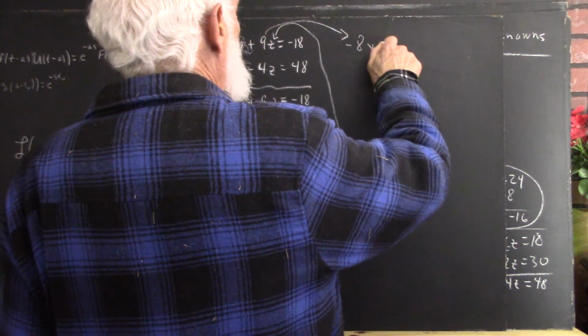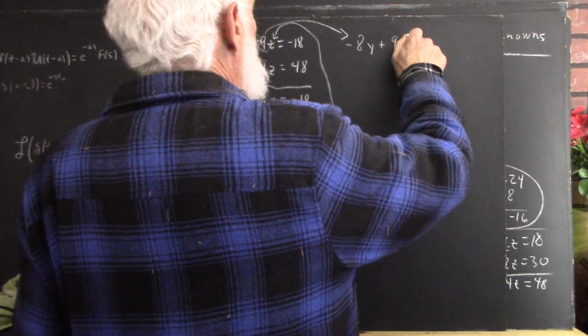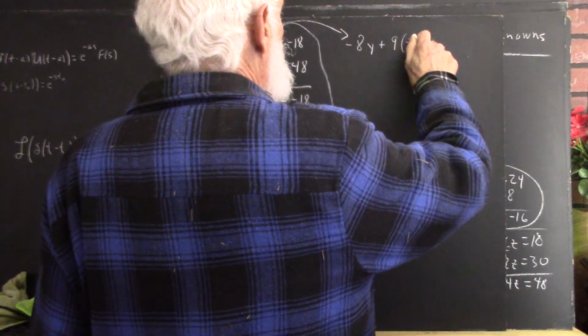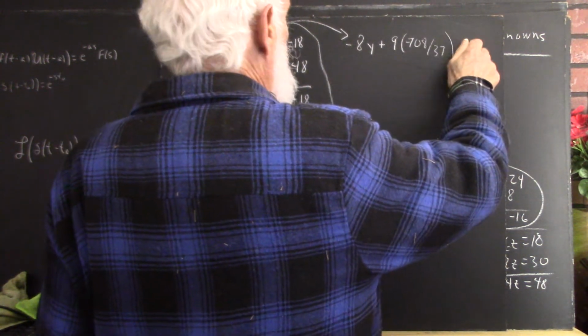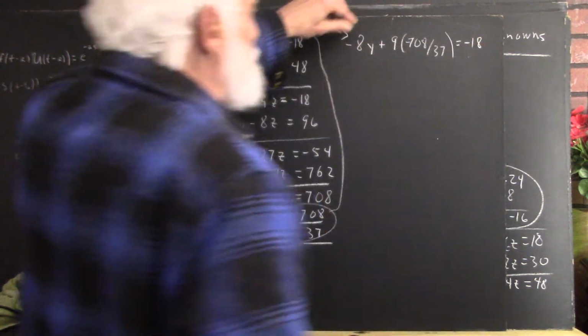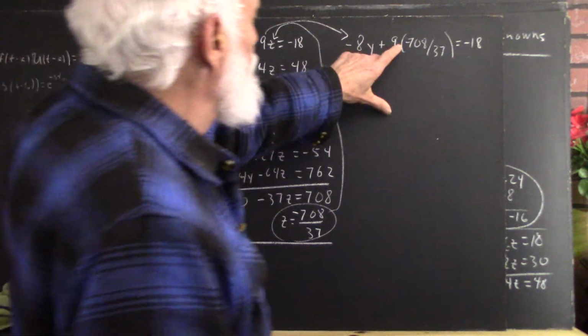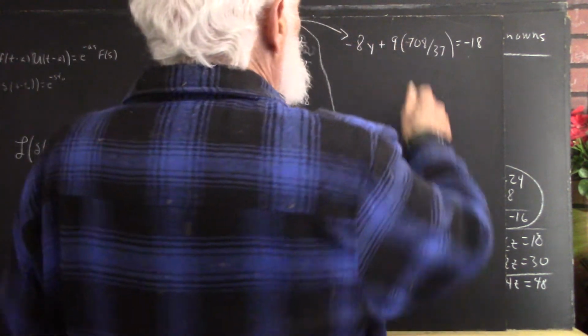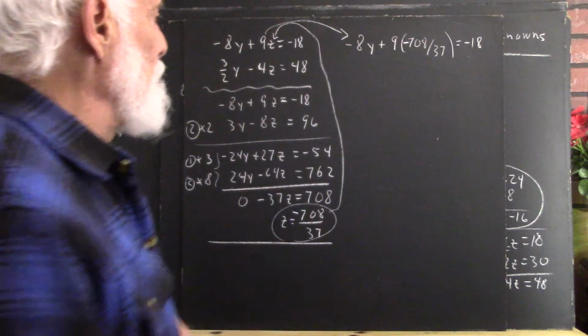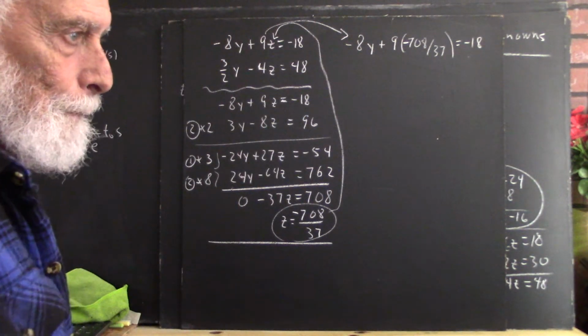negative 8y plus 9 times 708 over 37, it's negative 708 over 37, equals negative 18. That negative is written a little too close to the 7, but there we go. Okay?